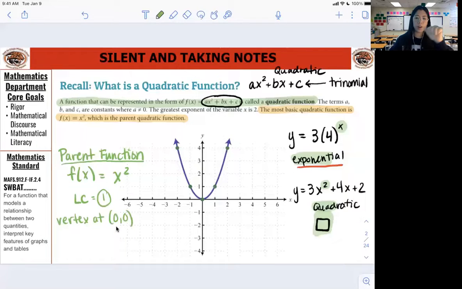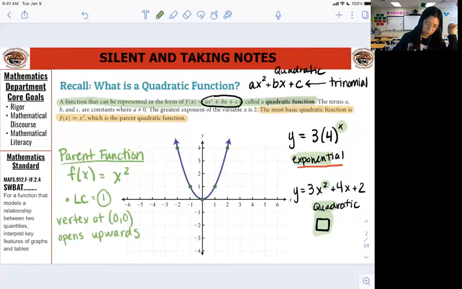Does the parent function open upwards or open downwards? Downward? This one opens down? Upward. Upwards. It's a smiley face. So it opens upwards.